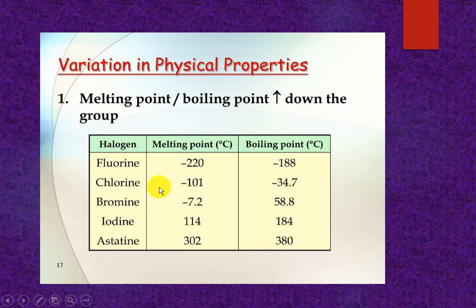We have seen melting point and boiling point increase from top to bottom, but here from top to bottom they increase. Like fluorine minus 220, minus 101, minus 7.2, then 114, 302. So in group 17 melting point and boiling point increase from top to bottom.